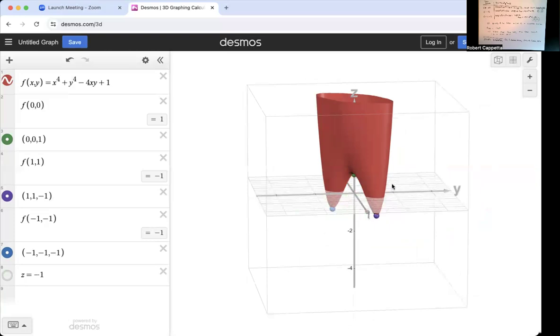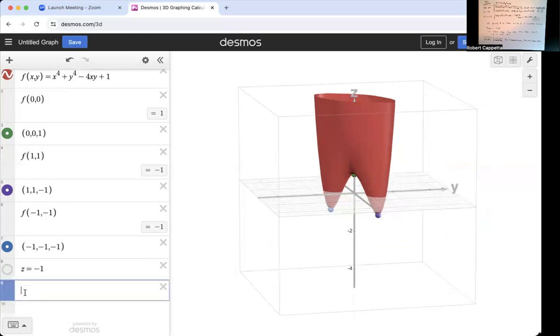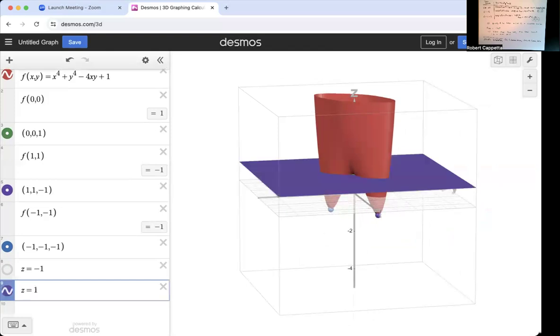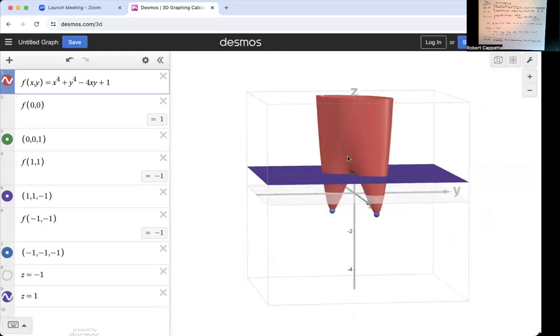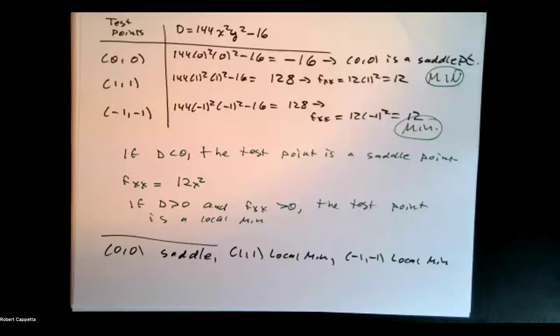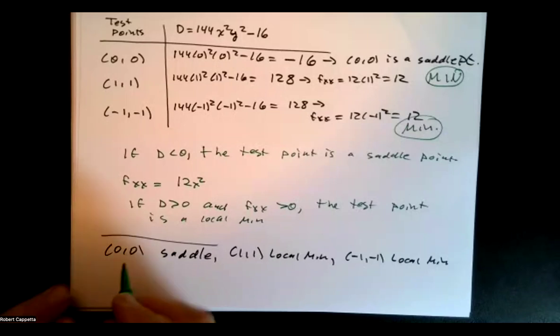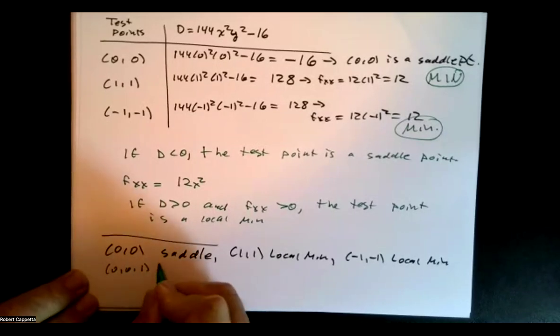So if I draw in the tangent plane for the saddle point, that would be at z equals 1. A little harder to see, but indeed, the rate of change in the altitude in the x direction or the y direction at that saddle point is going to be 0. So indeed, we had a saddle point at 0, 0, or you could say 0, 0, 1 is the saddle point.